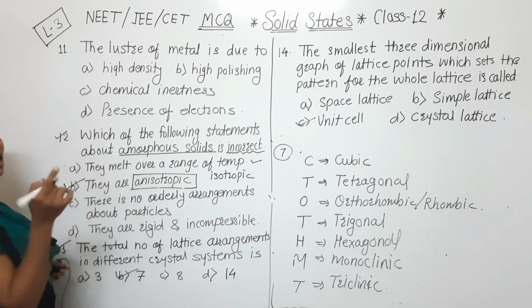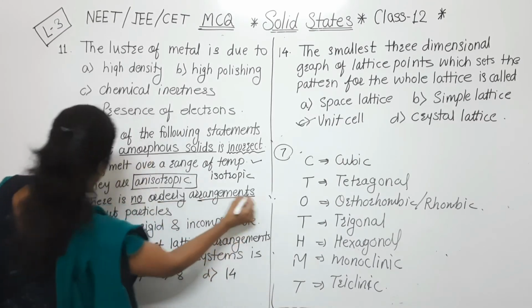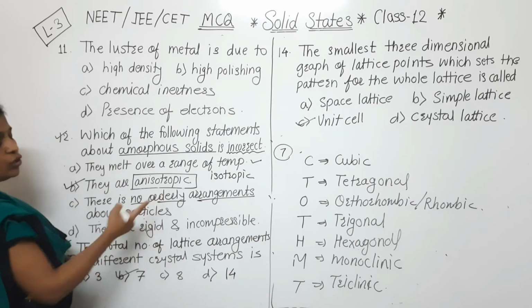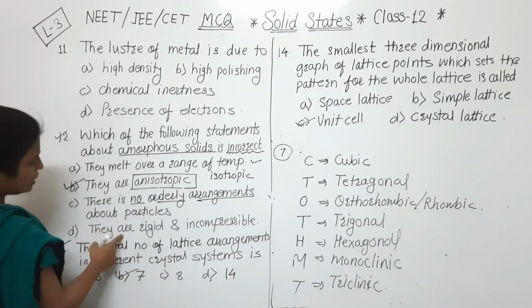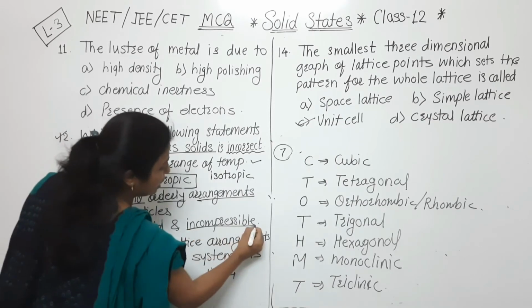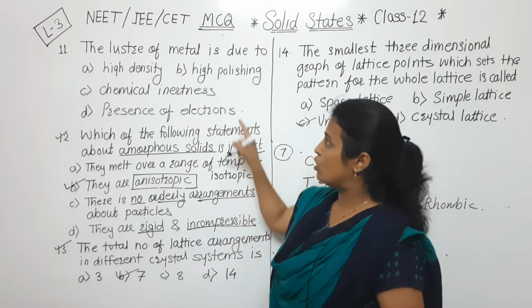So it is the correct answer. Next one, there is no orderly arrangement of the particles, or an irregular arrangement. And last one, they are rigid and incompressible. So in this way we have completed this MCQ also.